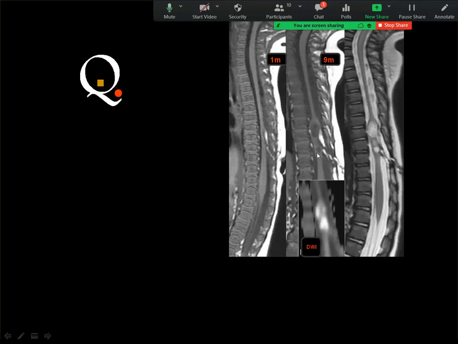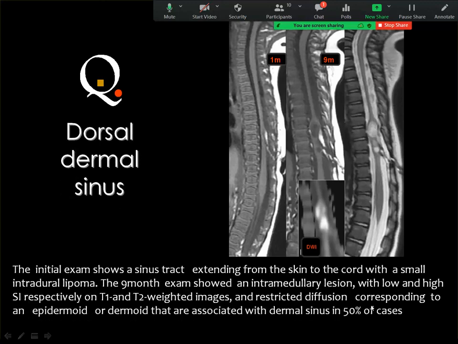And this lesion may represent a dermoid or an epidermoid cyst. And whenever you got diffusion restriction, you think of an epidermoid cyst with the dermal sinus association, I mean.